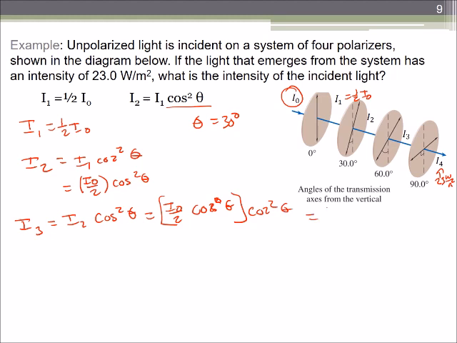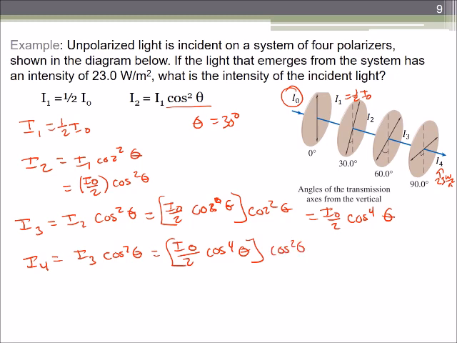So I get I0 over 2 times cosine to the 4th of theta. I4 is equal to I3 times cosine squared of theta. So then I get I0 over 2 times cosine to the 4th of theta times cosine squared of theta, which is equal to I0 over 2 times cosine to the 6th of theta.